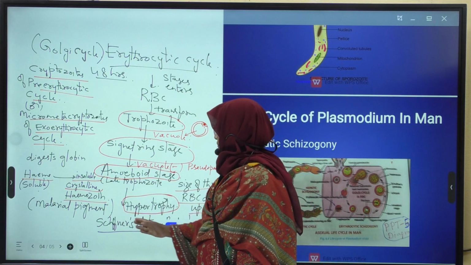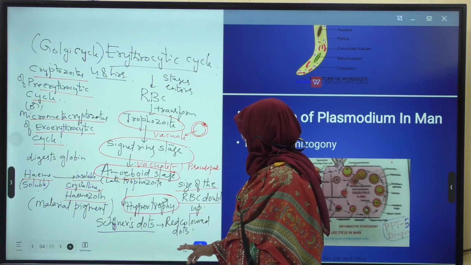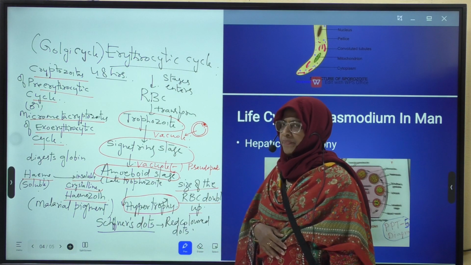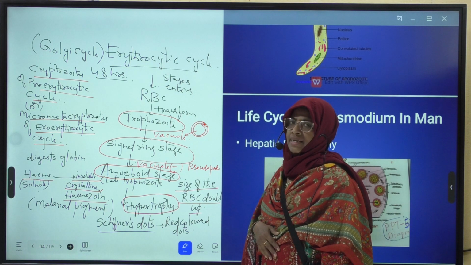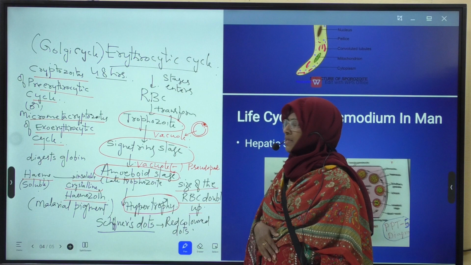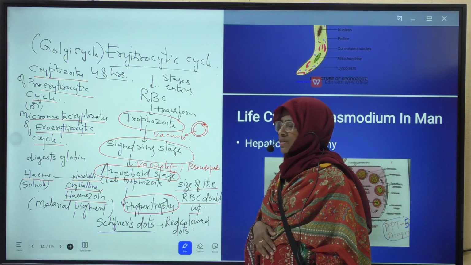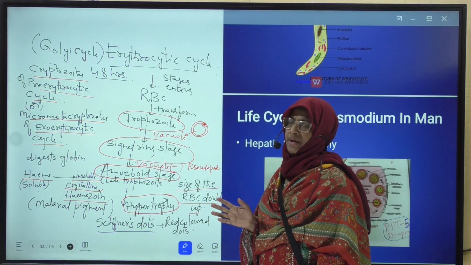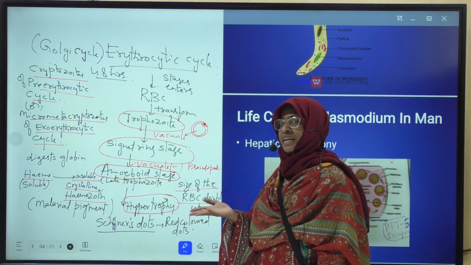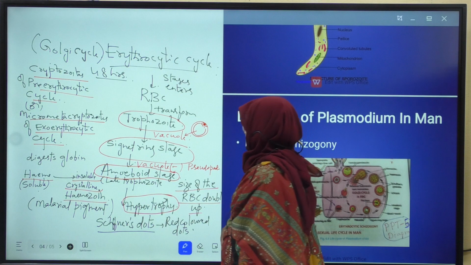These are called Schaffner's dots. Okay? These Schaffner's dots are believed to be antigens excreted by the parasites. What are Schaffner's dots? These are believed to be antigens excreted by the parasite.